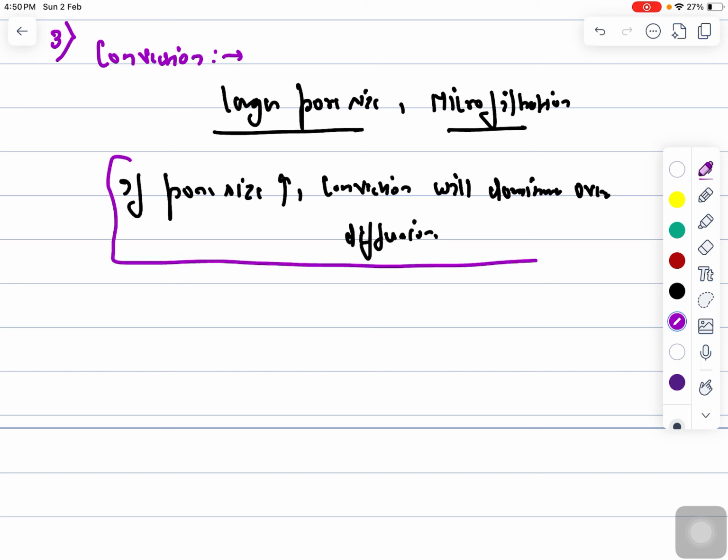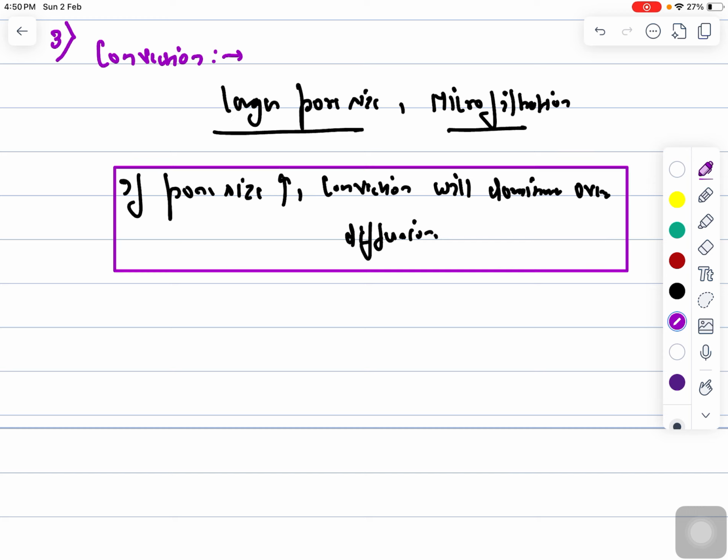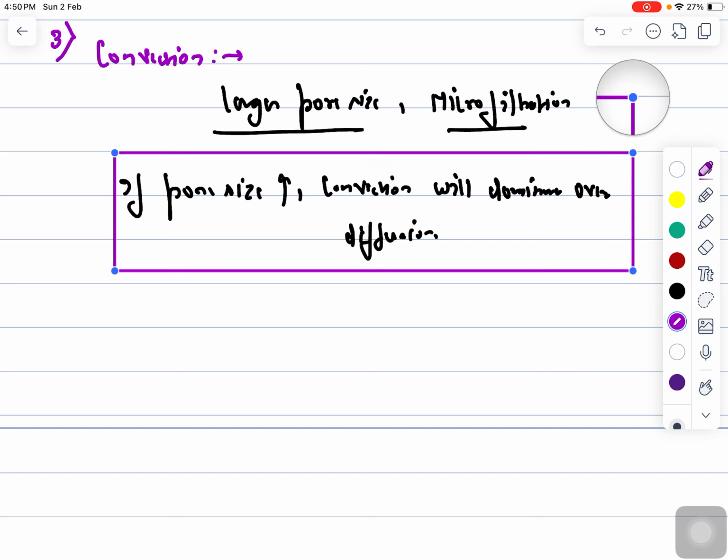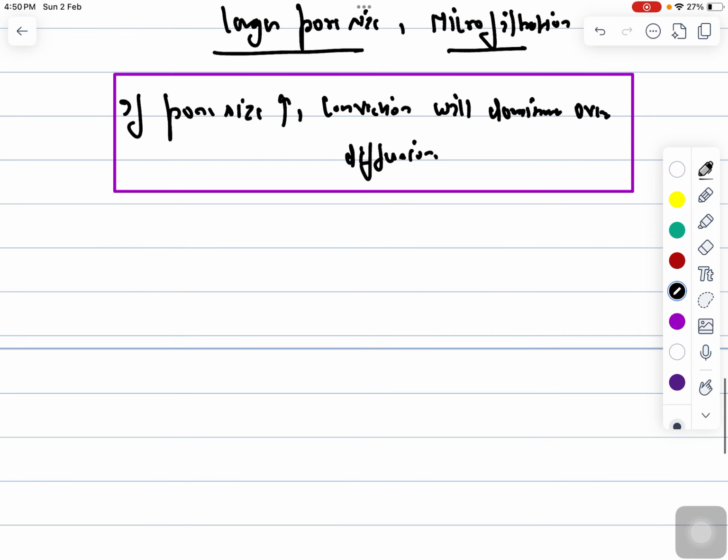Let's say if somewhere you want only a diffusive flux, you don't want convective flux. In that particular process, you have to use a membrane having a smaller pore size compared to the larger pore size. If you start using larger pore size, then convection will start taking place, and your diffusive effect will get neglected, right?